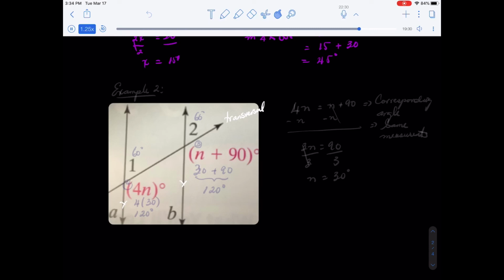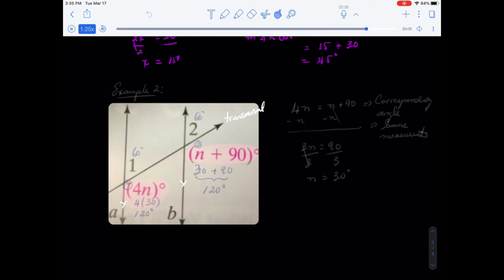I know angle 1 and angle 2 are the same, because if 2 lines are parallel and get cut by a transversal, they are corresponding to each other. I also know that this angle and this angle are corresponding to each other. I know angle 2 and n plus 90 are supplementary, and they add up to 180. But that's not what the question is asking.